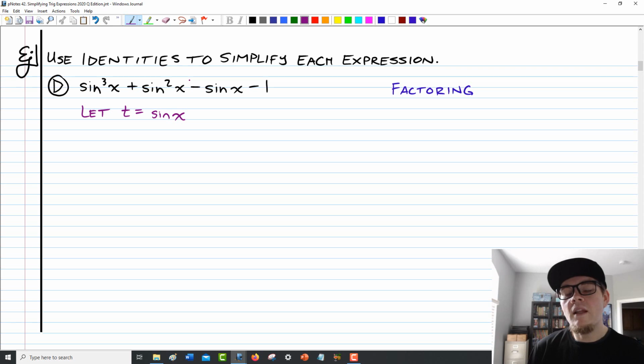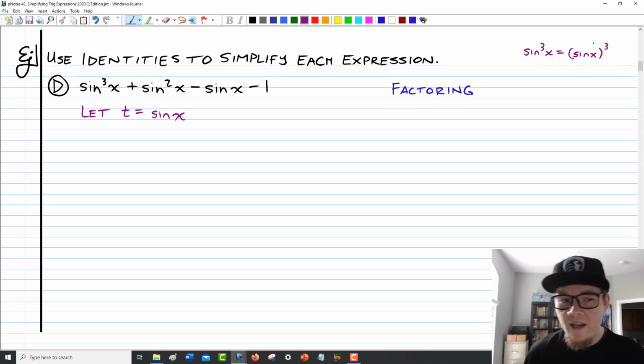Now, it might not be immediately apparent to you why I chose to do that, but the reasoning is simply to make that expression look more like a polynomial, like the sort of thing that we would more comfortably factor and have been factoring pretty much our entire mathematical lives for the last year or two. So if I make that substitution, especially because, remember, something like sine cubed of x is the same thing as sine of x cubed.